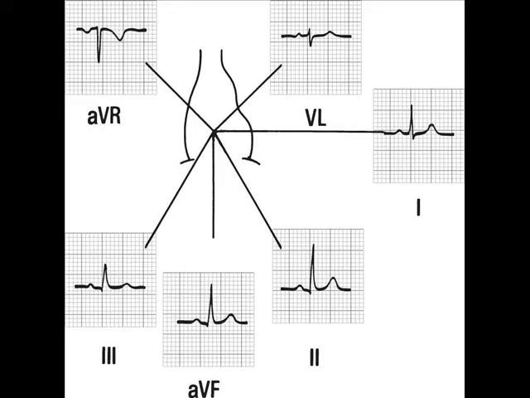Now don't worry if leads 1 or lead 3 are slightly taller or more upright than lead 2. The cardiac axis does swing in differing people slightly to the left or slightly to the right. Hopefully lead 2 will be the tallest, but it's not always the case. When the cardiac axis swings significantly to the left or the right, we call that left axis deviation or right axis deviation.